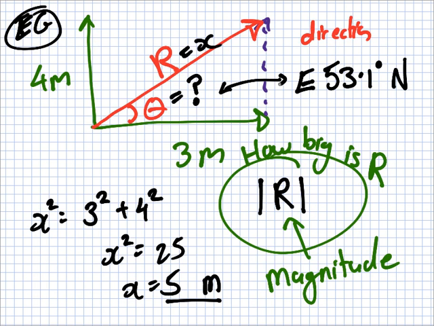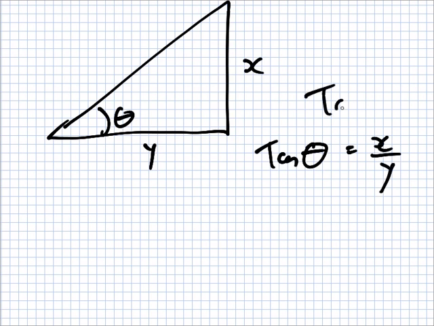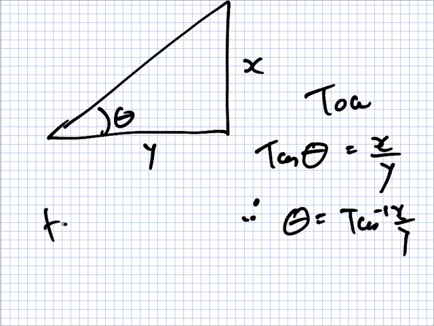Got that? Why is it inverse? Because you'll do more in maths class, just briefly I'll call this x, this y and this theta. The formula is tan theta equals x over y, the TOA. Therefore theta is tan inverse x over y, because if you have tan theta equals x over y, you actually want theta, not tan theta, so you put a tan inverse on the left and the right.